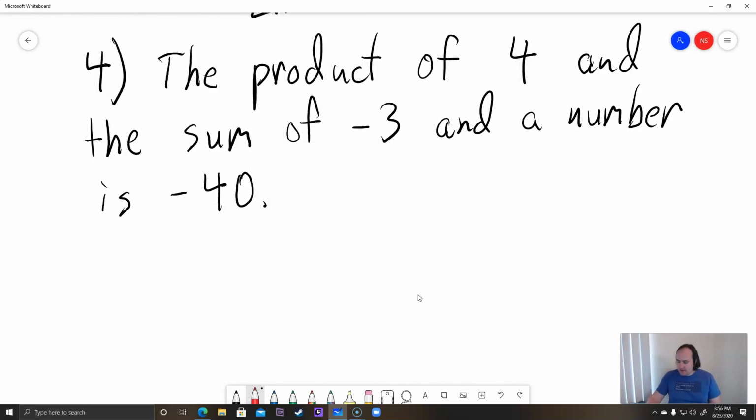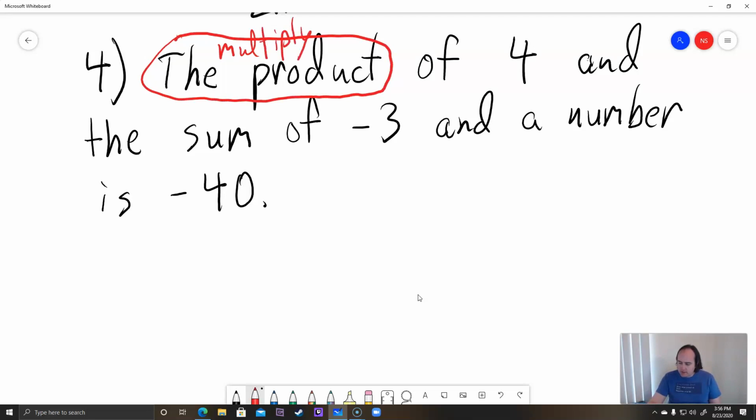So let's start with the product. The product means we're going to multiply. We just talked about that in the table above. Okay? And what are we going to multiply? We're going to multiply 4 and the sum of -3 and a number.